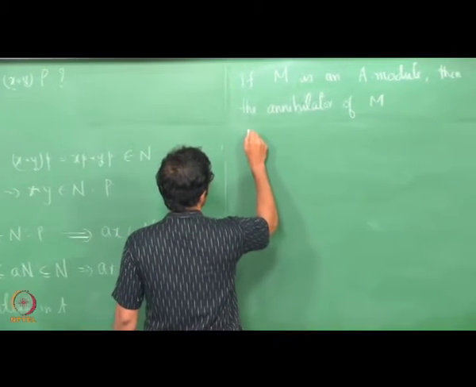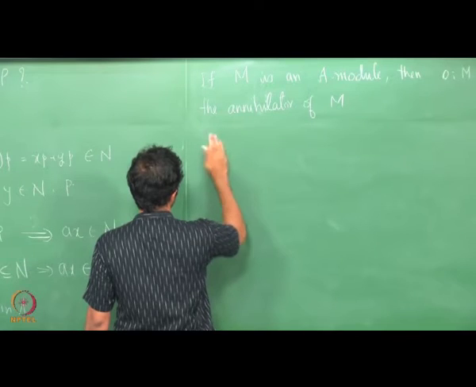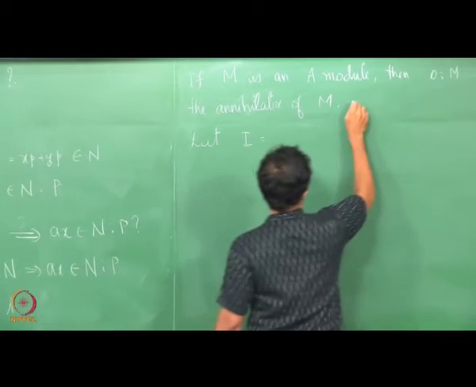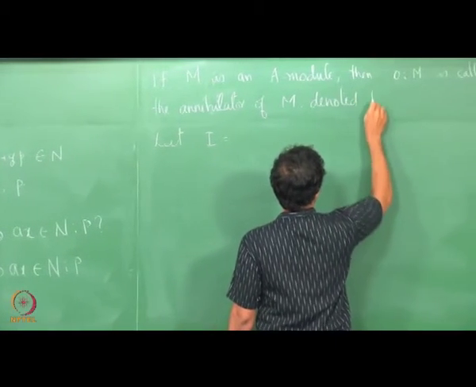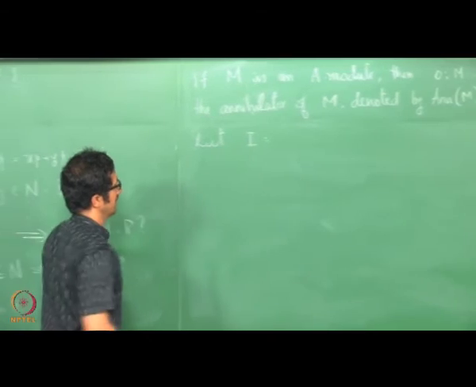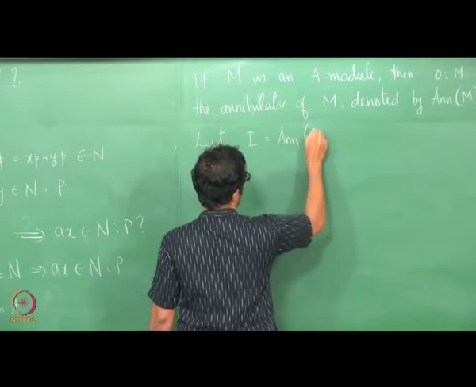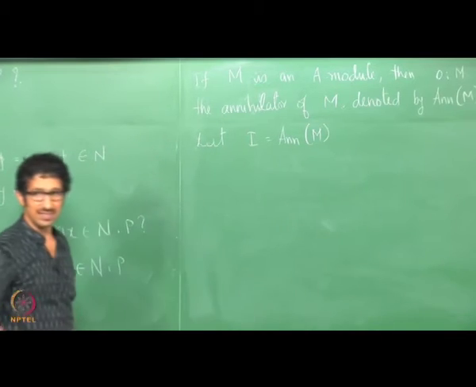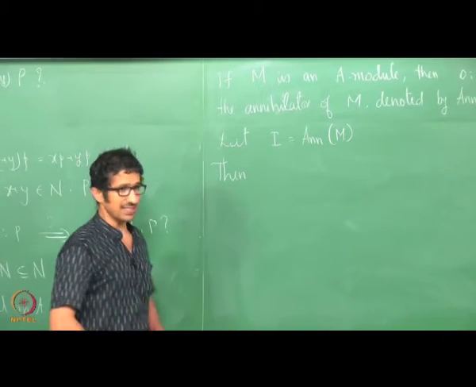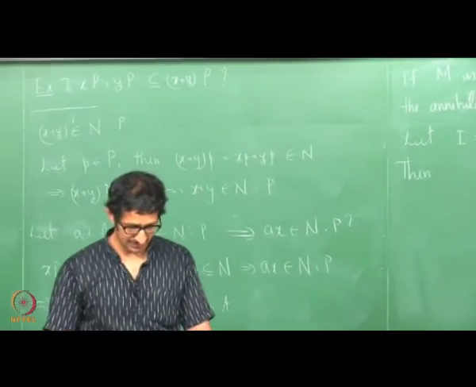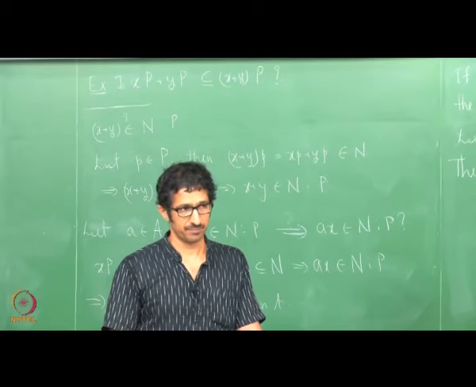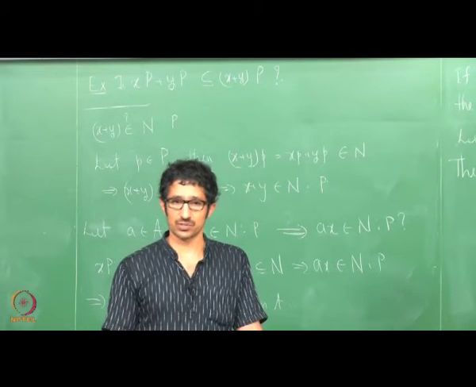Now, if I take I to be the annihilator of M, then see, in general A mod I is an A module, but A mod I is also a ring.